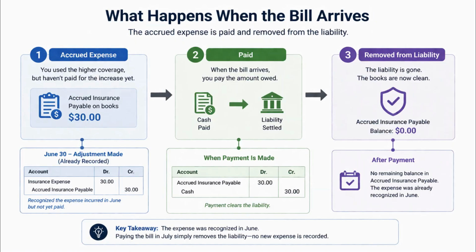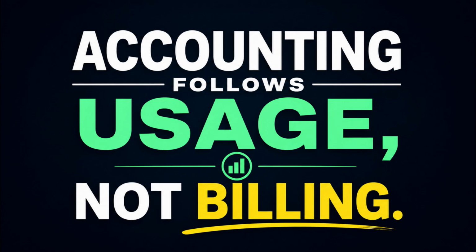So in July, when you get billed, that $30 is no longer new expense. It's just settling what you already recorded. So you remove the accrual and then handle July separately. So this is the key idea. The policy changed on June the 15th, not when the bill arrived.